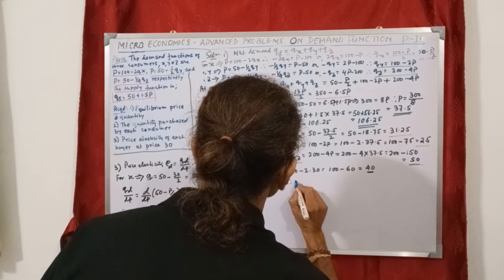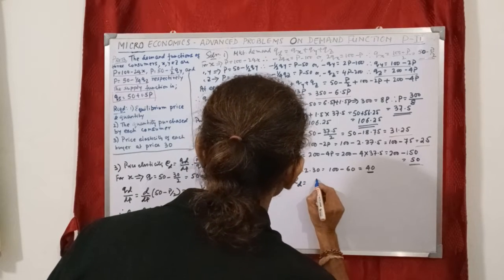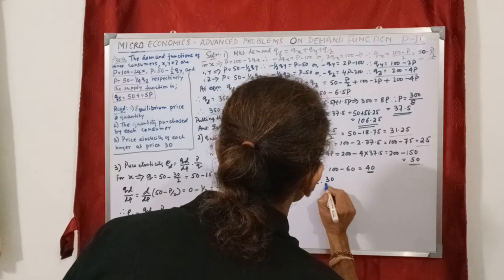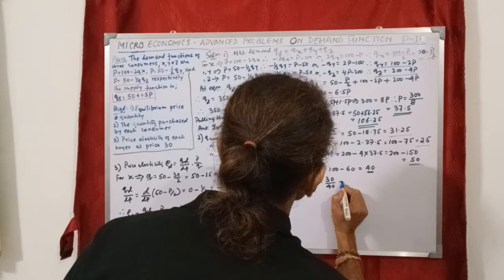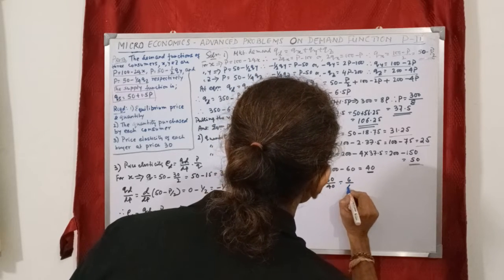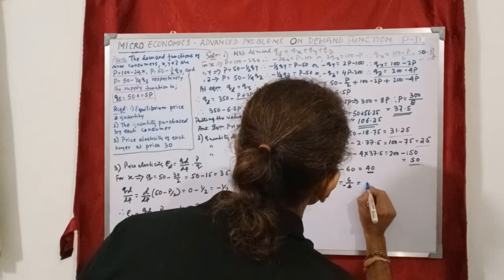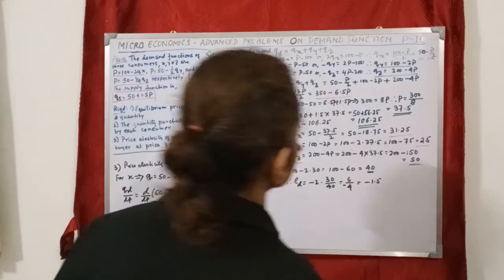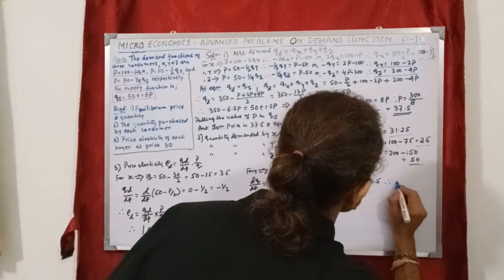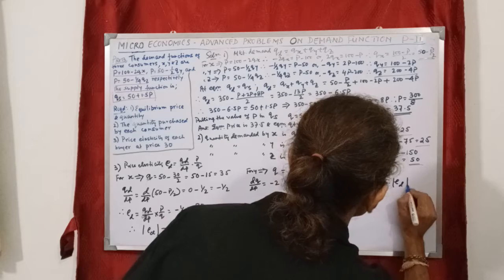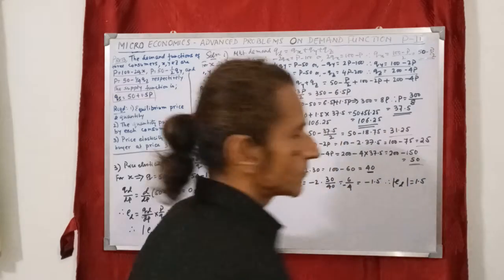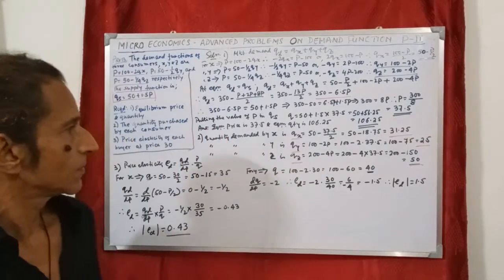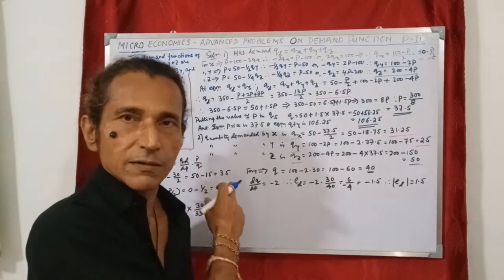Therefore, price elasticity equals minus 2 into 30 by 40 equals minus 6 by 4, which is minus 1.5. Therefore, ED equals 1.5. So we have calculated price elasticity of demand for individual Y.